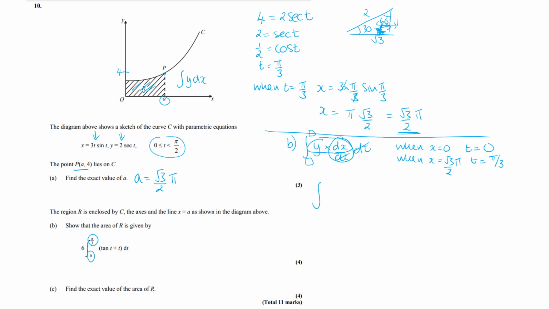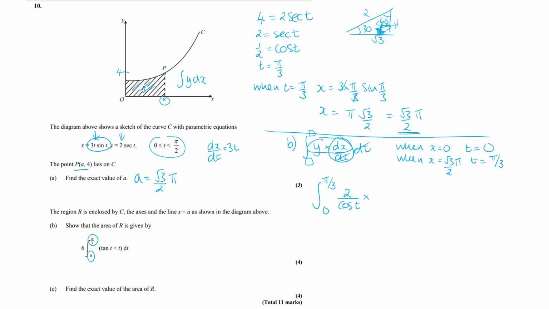So we're going to be integrating between 0 and pi by 3 of y, which is 2 sec t. So I'm going to write that as 2 over cos t times the differential of x. So dx by dt is equal to, now this is a product, so we need to use the product rule.